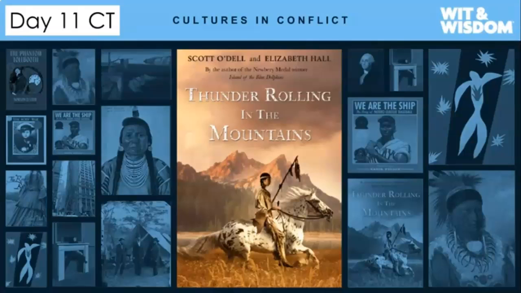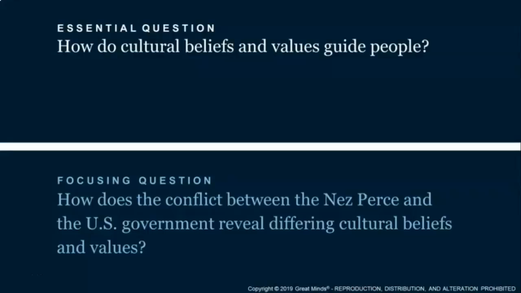So today should be a whole lot easier than yesterday because you really did all of the hard work yesterday. Okay? All that we're going to do today is really finalize answering our focusing question. How does the conflict between the Nez Perce and the U.S. government reveal differing cultural beliefs and values?